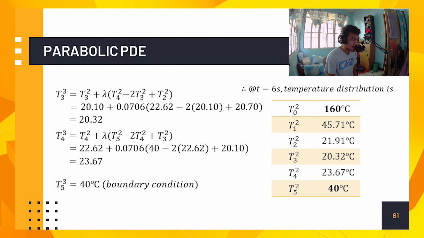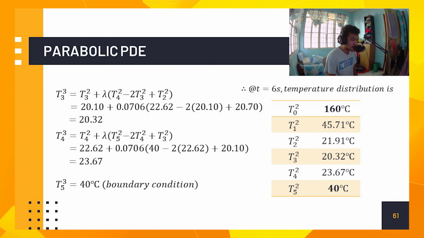Substituting, we have 20.10 plus 0.0706 times the quantity of 22.62 minus 2 times 20.10 plus 20.70, and that will give 20.32.